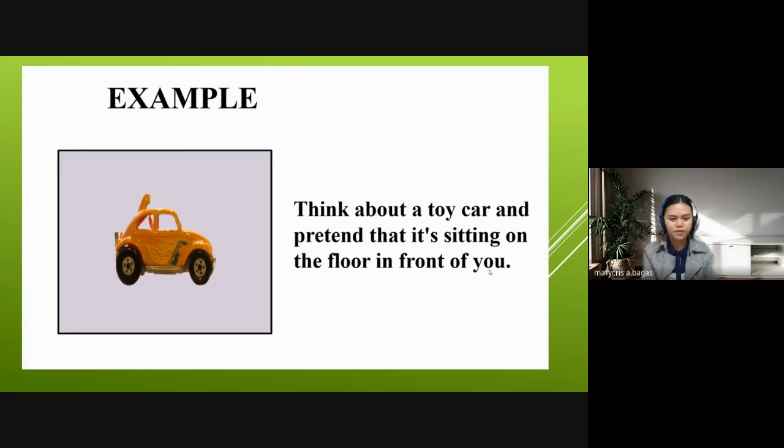You're going to push or pull using your hand or your feet. You can use your feet, your hand, or any object to move the toy car. You use force to move the object.